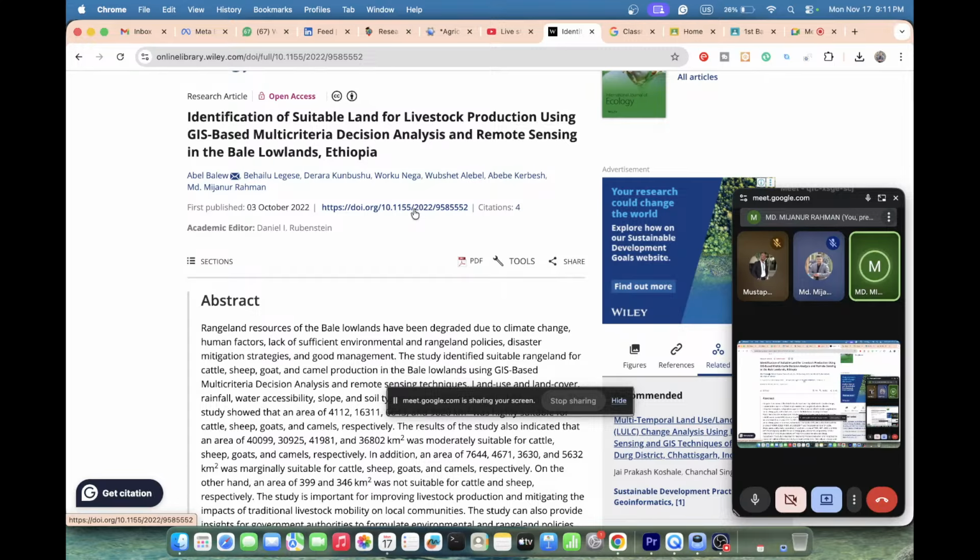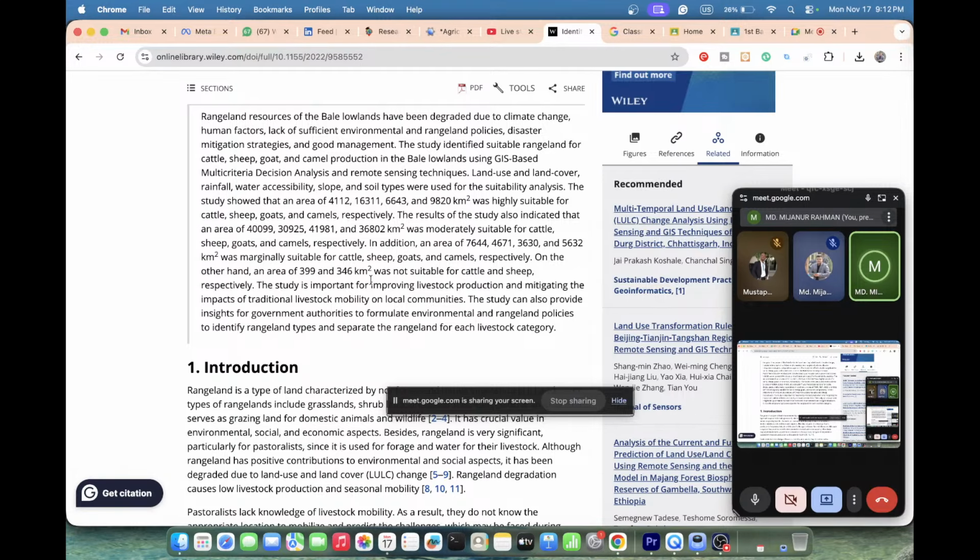Suitability analysis basically asks which locations are the most suitable for what I want to do. Suppose I want to identify livestock production. Suppose I have an area. In this area, which place is more suitable for livestock production, based on different types of multi-criteria factors?